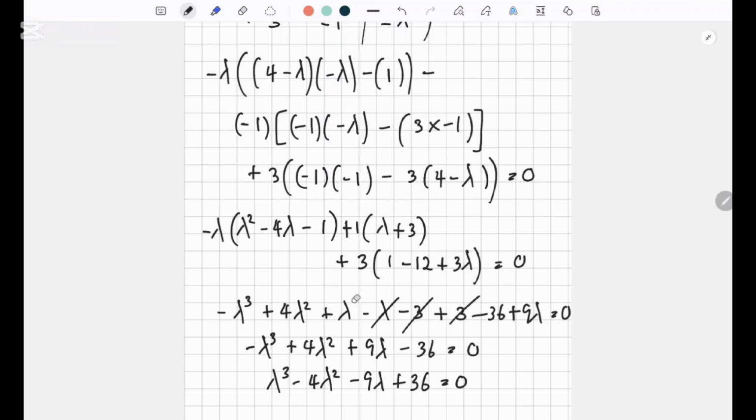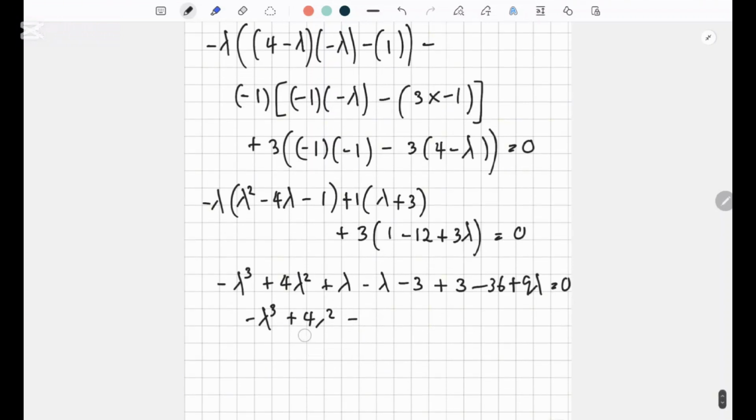That becomes plus 1, so these don't cancel out. You have to recheck all the time. So this is plus lambda, and this is plus 3 here. So now I'll rewrite it again. So this one did get still 1 lambda, minus 30. Now I'm going to take everything on the other side.